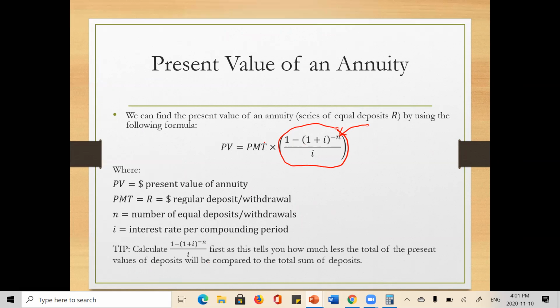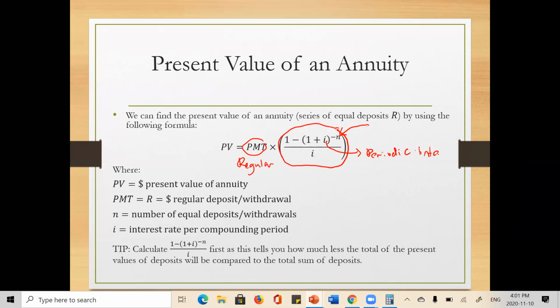The good thing is the format has a lot of similar ideas. We still have PMT, our regular payment, so that's how much we deposit each period. We still have our periodic interest, which is the interest for our particular period.